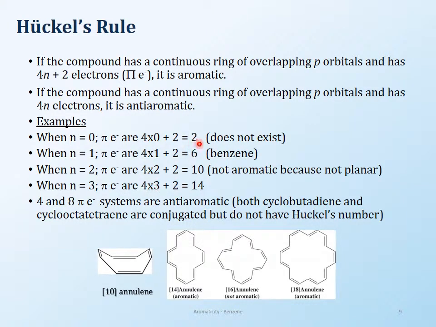So you add 4 electrons to each, and that's how it becomes aromatic, which means that 4 is not going to be aromatic, 8 is not going to be aromatic. 4 was the cyclobutadiene and 8 was the cyclooctatetraene, and that was not aromatic. So 12 is not going to be aromatic, and 16 is not going to be aromatic. However, 18 will be aromatic.